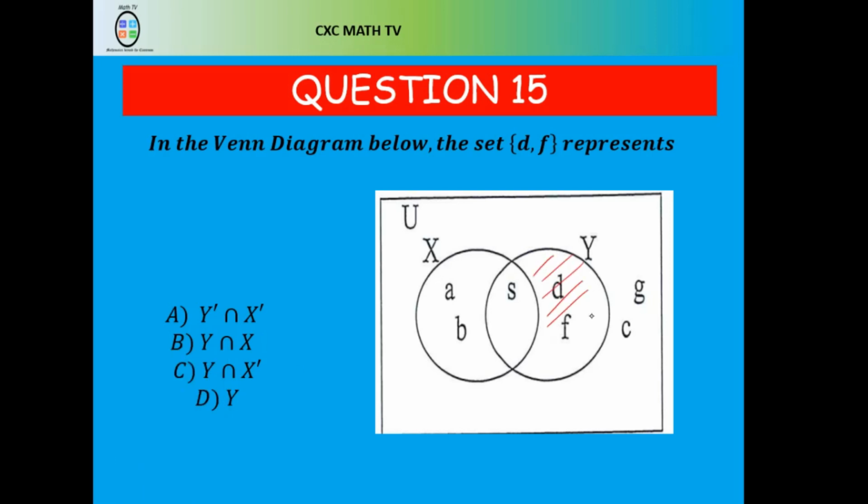DF is just Y only. How do you write Y only? We're inside Y and we're not inside of X. So it's Y intersect X complement. That's option C. And so that concludes the worksheet part of it on sets.